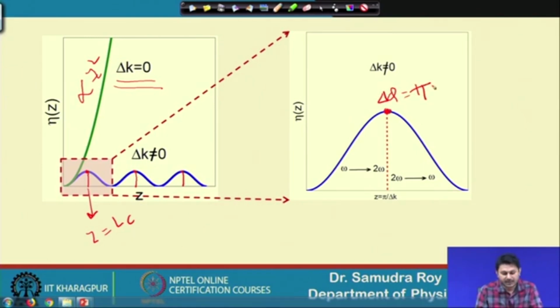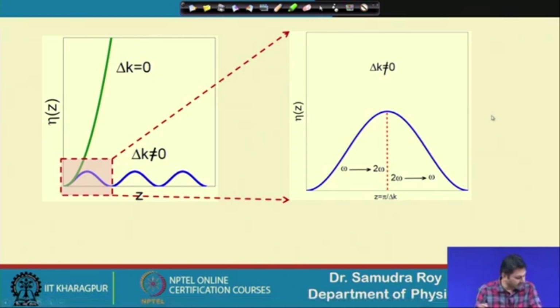So, the phase of the propagating nonlinear polarization term and the phase of the electric field having the frequency 2 omega component are now entirely out of phase, and as a result the efficiency goes down, because now 2 omega is generating from 2 omega. Exactly the opposite phenomenon is happening, because their phase is now reversed. That is why the efficiency is going down.